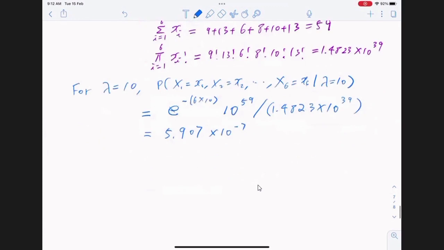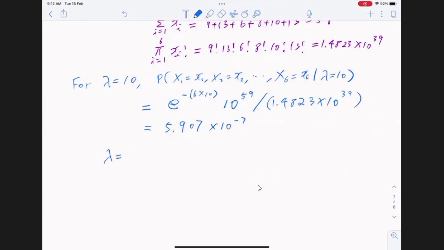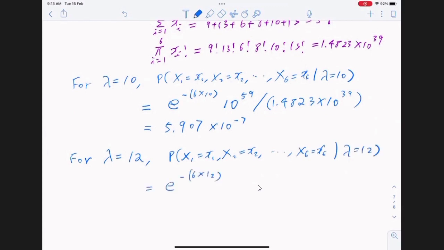And we complete the second part. So this will be just routine calculation. Now this time we put lambda equal to 12 and do the same calculation again.